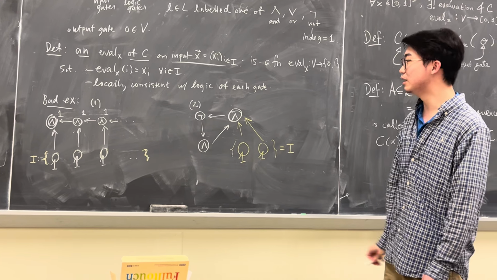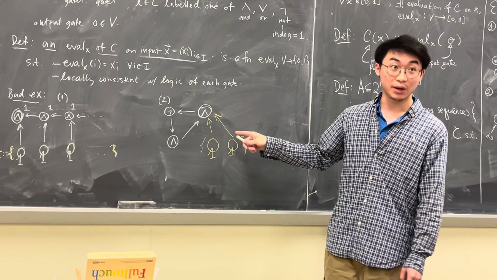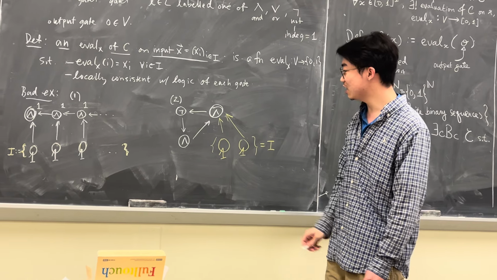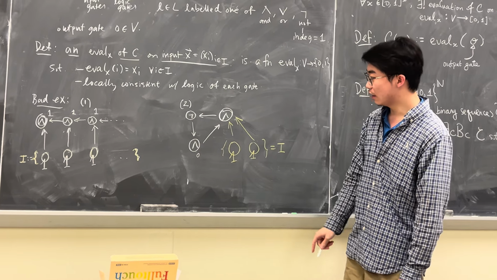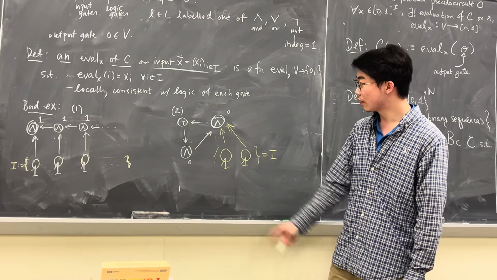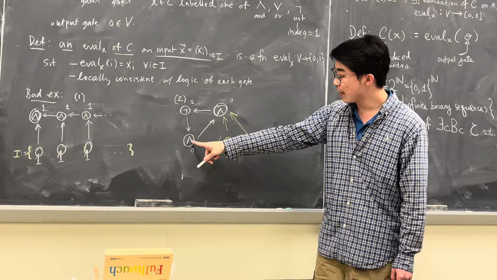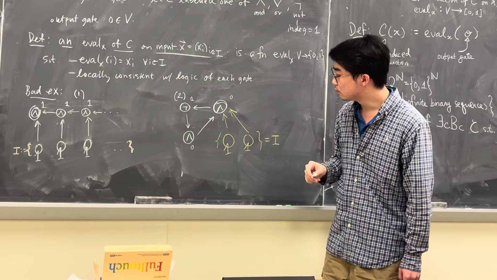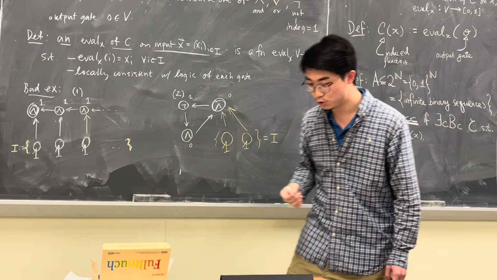In this example, I claim that actually there are no evaluations. And this is because if this one is a 0, let's say, then 0, 1, and 1 have to AND to a 0. But a negation of a 0 is a 1. But this being an AND of a 1 and a, sorry, wait. I misdrew this graph.